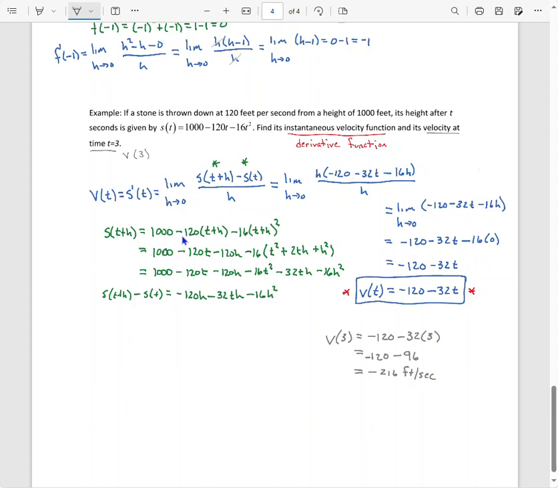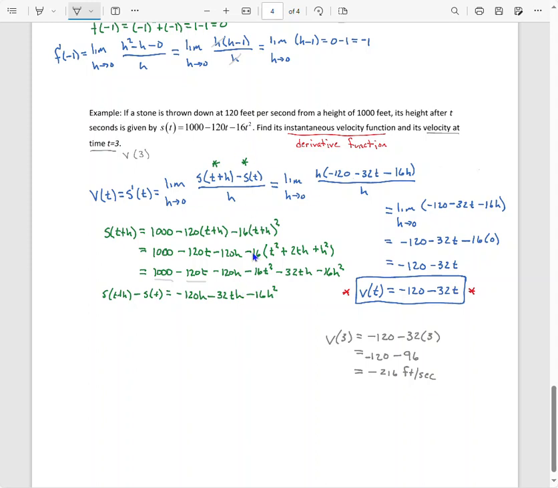S of t plus h, when we substitute t plus h everywhere we see a t, right? Take it slow, take it step by step, distribute, make sure you keep that negative sign straight. And then we're going to subtract the original function. So here I'm going to subtract the 1,000. I'll subtract a negative 120t, so I'll add 120t.